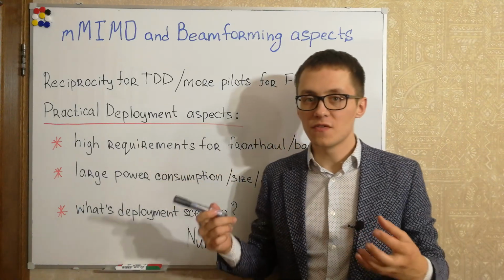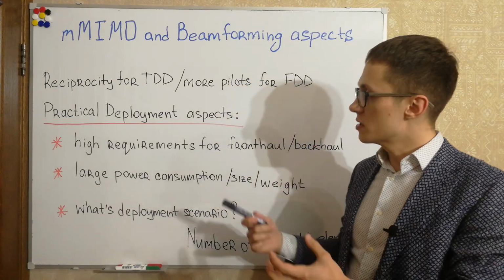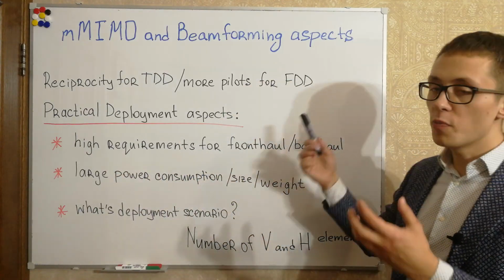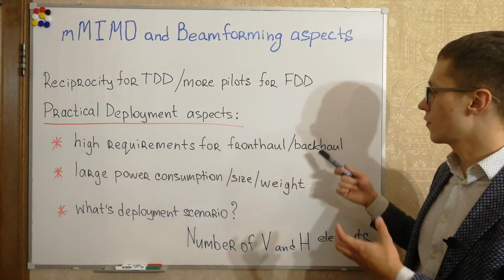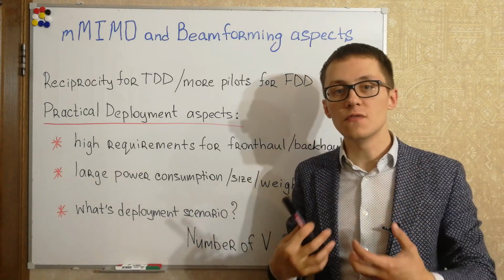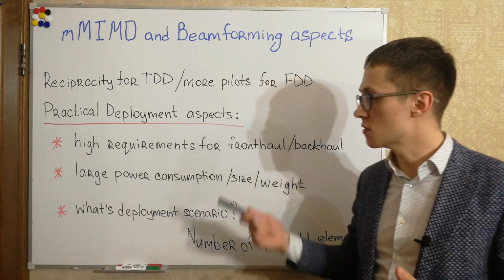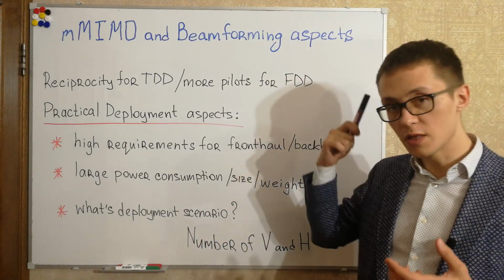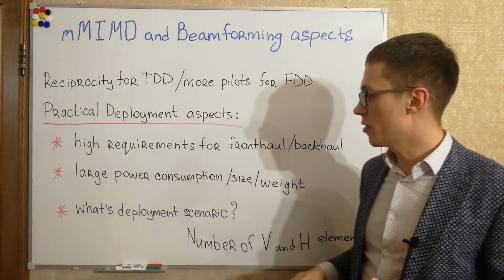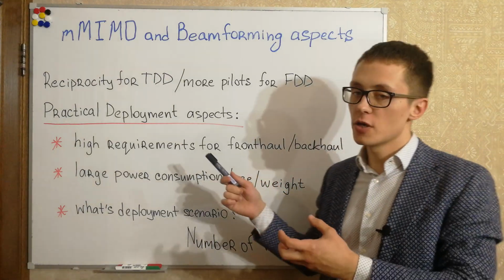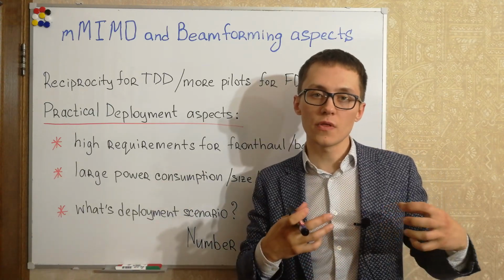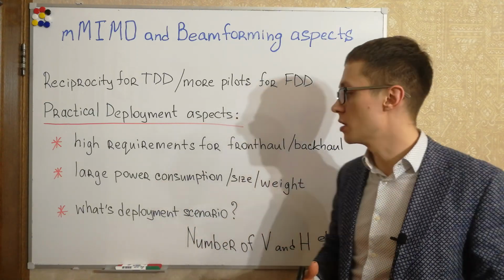When it comes to practical deployment, before deploying a Massive MIMO system, you should consider that there will be some high requirements for optical lines, for fronthaul and backhaul, because such a system will transmit and receive a large amount of information, and this is a very important point to think about for your transport system. Another point is large power consumption. Usually such an antenna system is an active antenna system with large power consumption.